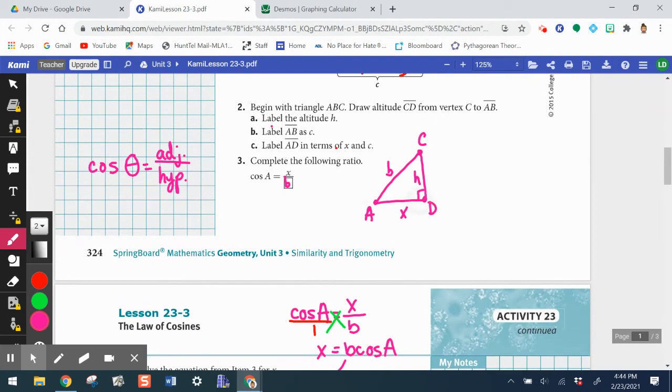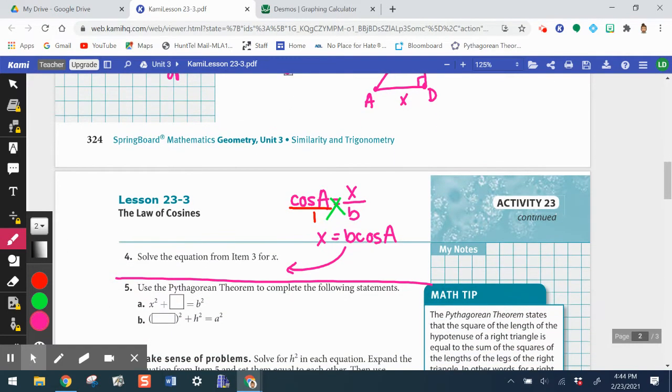So the cosine of A is the adjacent side, which is AD, and we call that measure X, compared to the hypotenuse, which is AC, and we labeled that length B. So the cosine of A in this problem is X over B.